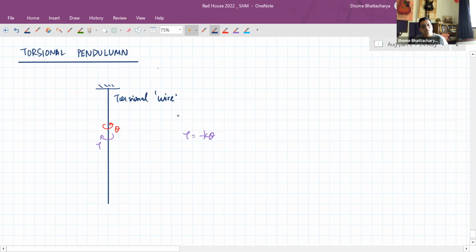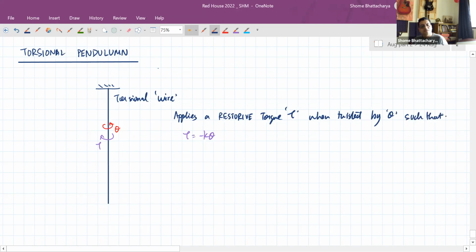It applies a restorative torque tau when twisted by an angle theta, such that this is the relation.